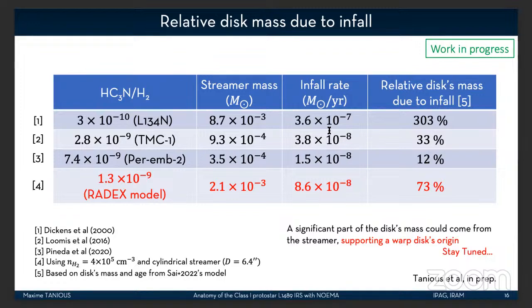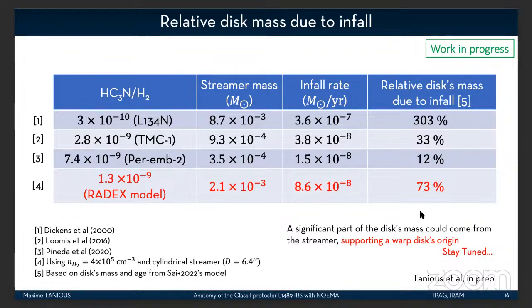And so we tried to do a first estimate of the abundance using a RADEX model. So it's a very preliminary result that needs to be tuned. But using this abundance that we derived from fitting the line intensities, we end up with an amount of mass that would be around 73%.